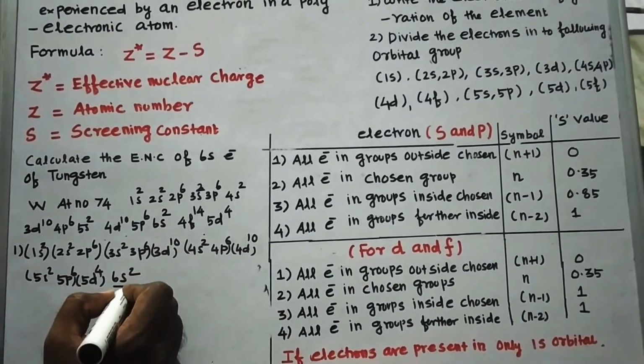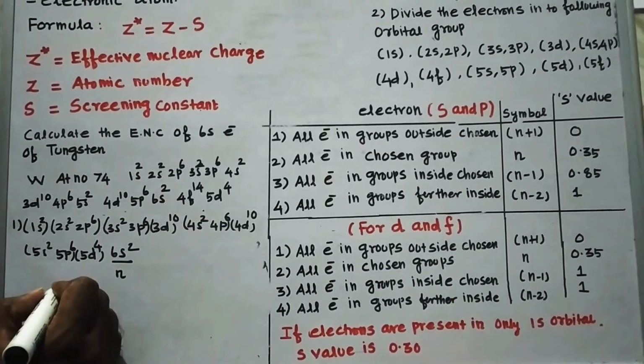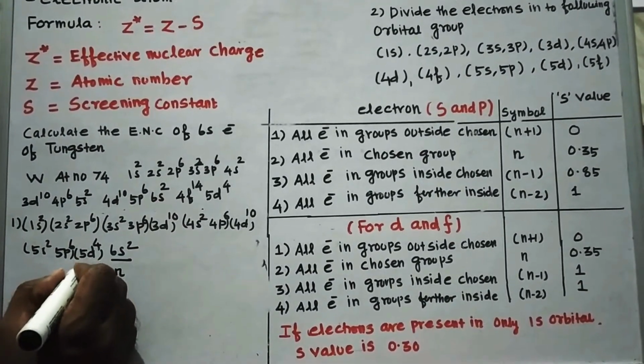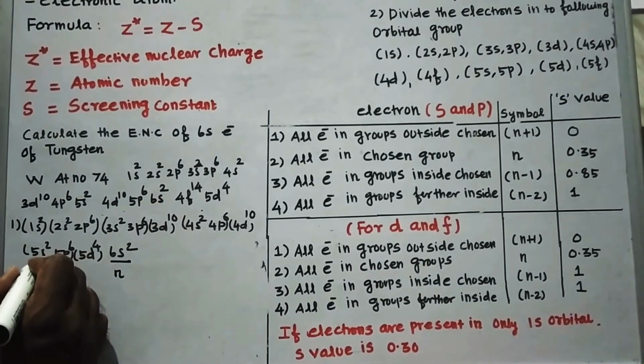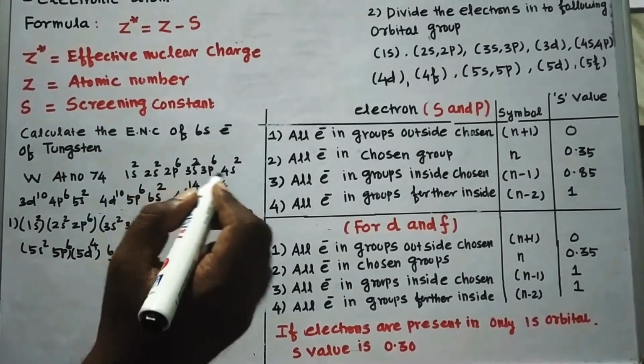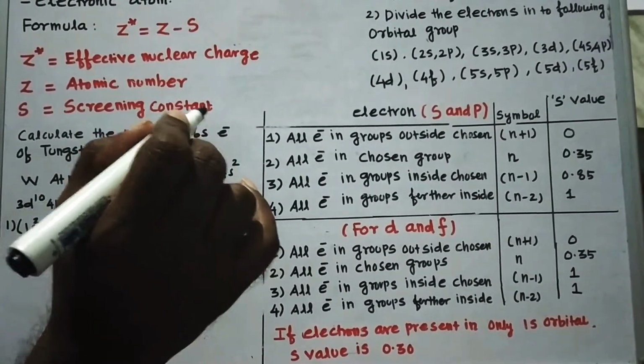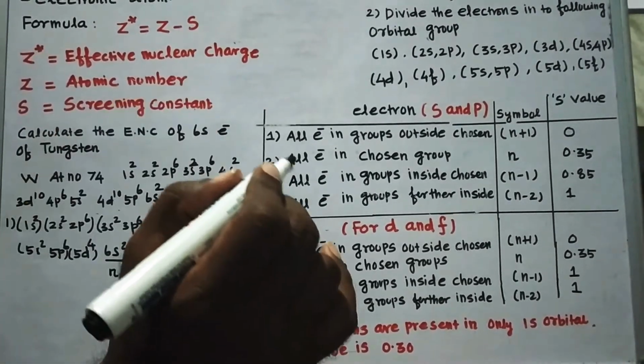This is the chosen shell, therefore this is the nth shell. Here for 5d4, if you go for an element with higher atomic number, all the orbitals are merged with each other. There is a small difference in their energy.